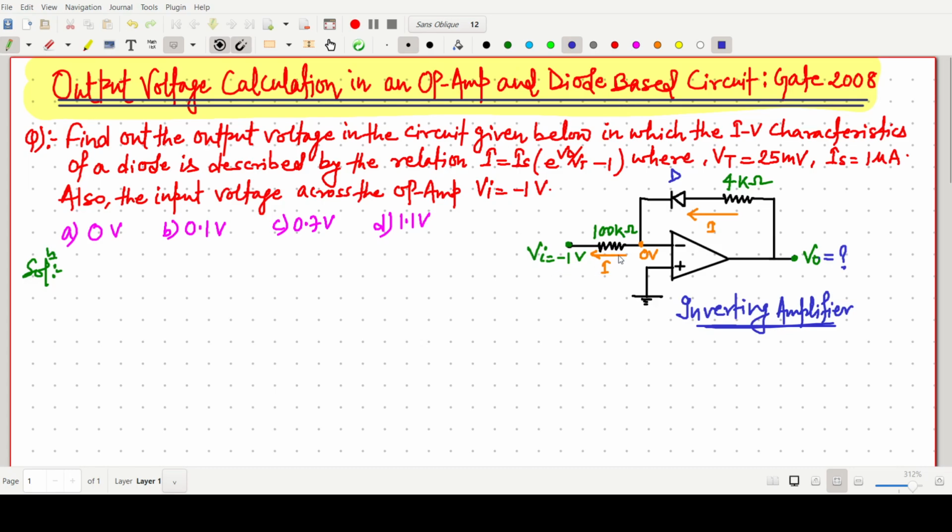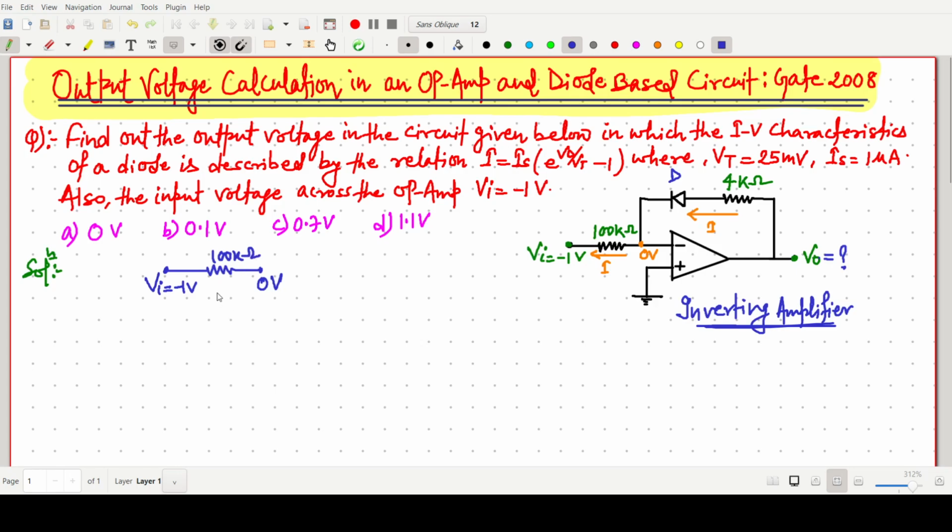So from here, if we take this portion, one resistance is there, and due to the virtual ground concept, this voltage will be 0 volt, and this one will be Vi, that is minus 1 volt, and this one is a 100 kilo ohm resistance.